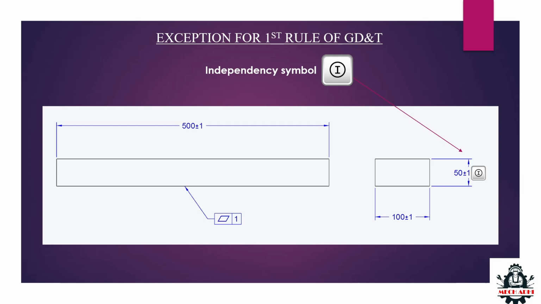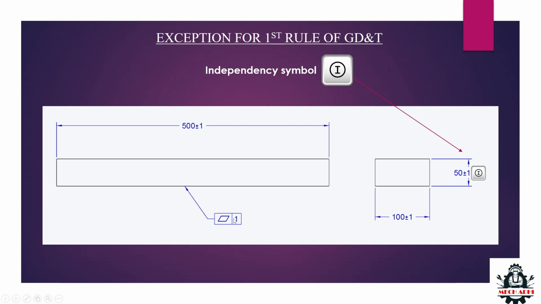This symbol can be tied to any dimension to communicate the exception of the rule. In that case, the manufacturer will have more liberty and leeway to make the part, which in turn is suitable for the design intent and might also reduce the cost of the part.